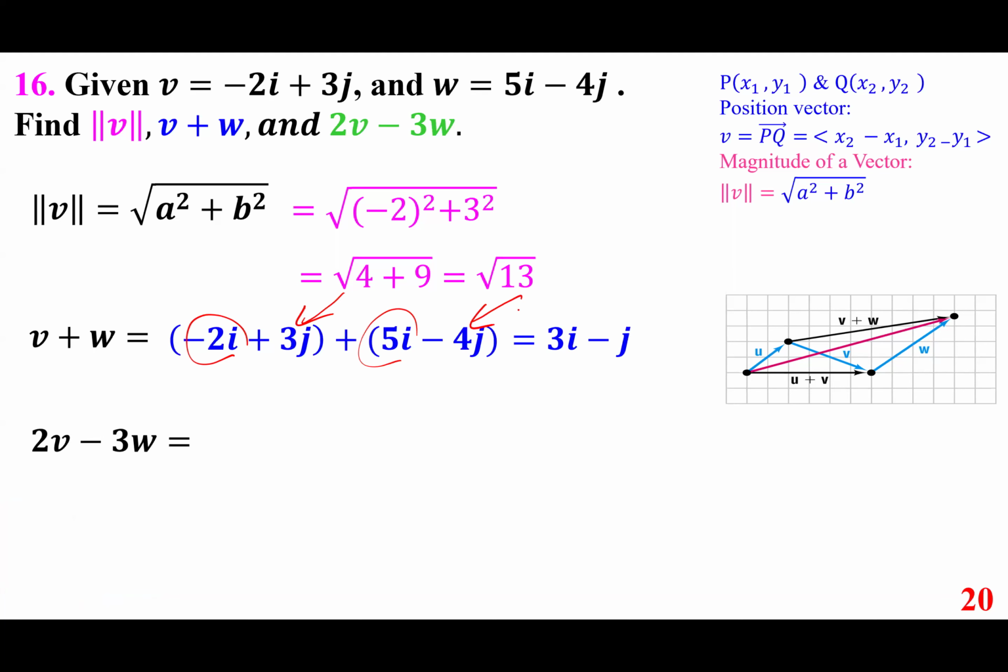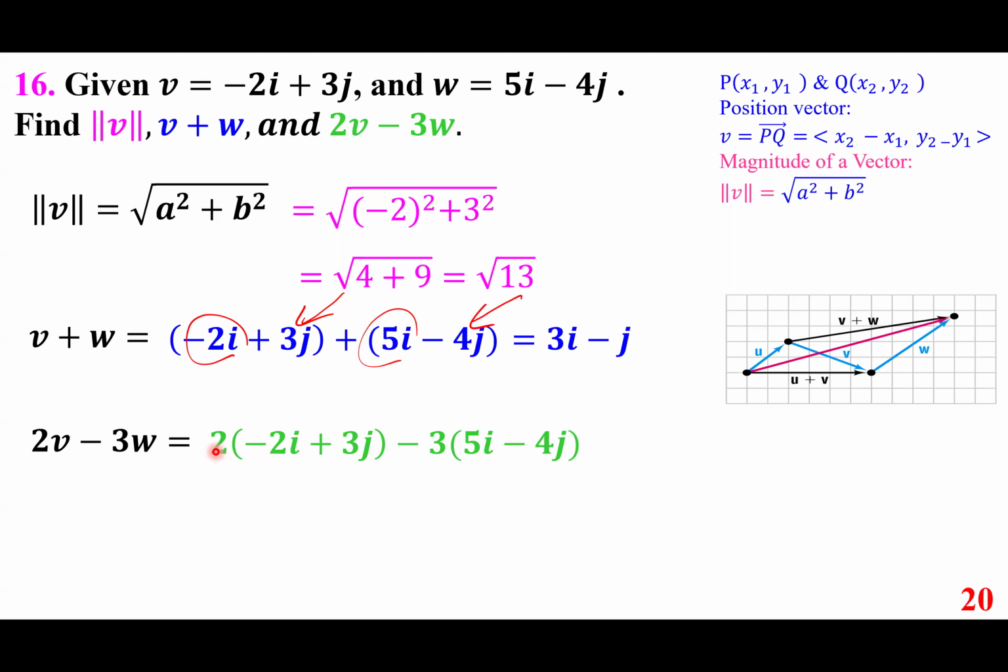2v minus 3w. So 2 times, put the v here, minus 3, put the w here. Just the way you do addition and subtraction of numbers or variables, in the same manner. So we're going to distribute.